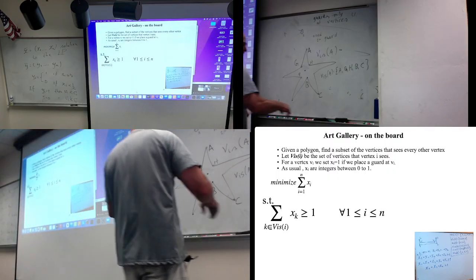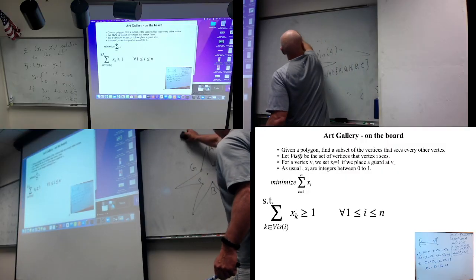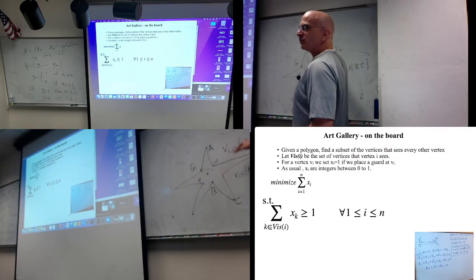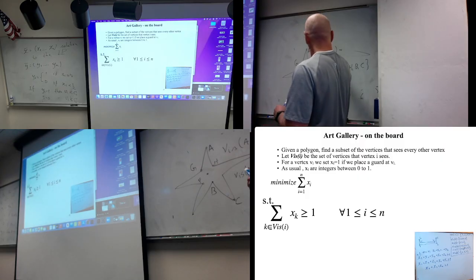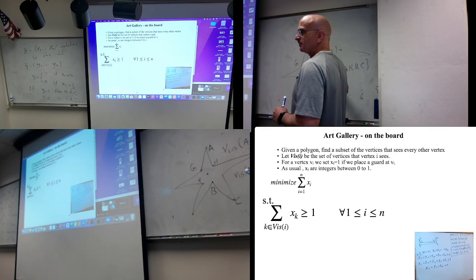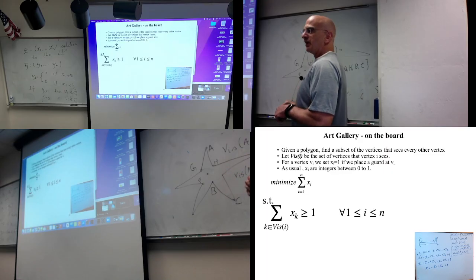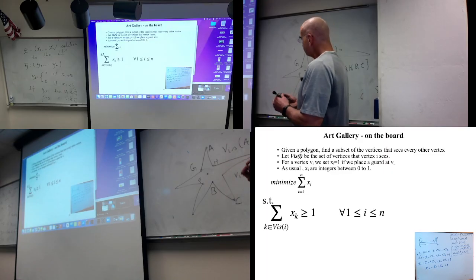What are my constraints over here? I first need to compute, and I assume that it's taken care of, for every vertex what its visibility region is. Which vertices A sees, which vertices B sees, which vertices C sees. That's already computed.